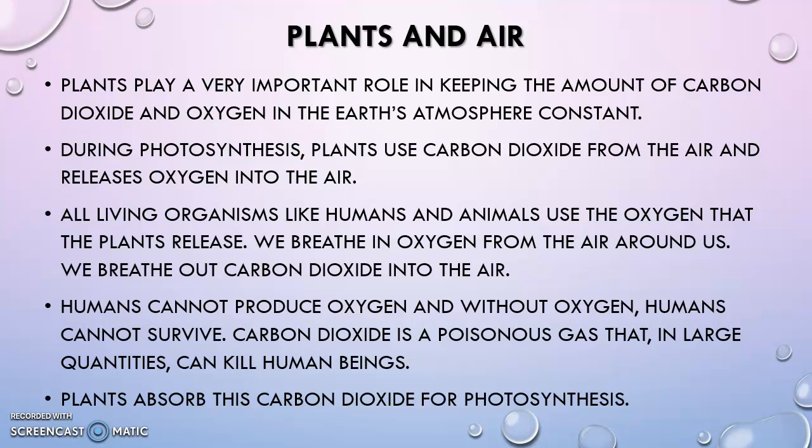We breathe in oxygen from the air around us. We breathe out carbon dioxide into the air. Humans cannot produce oxygen, and without oxygen, humans cannot survive. Carbon dioxide is a poisonous gas that in large quantities can kill human beings. Thus, plants absorb this carbon dioxide in the process of photosynthesis.